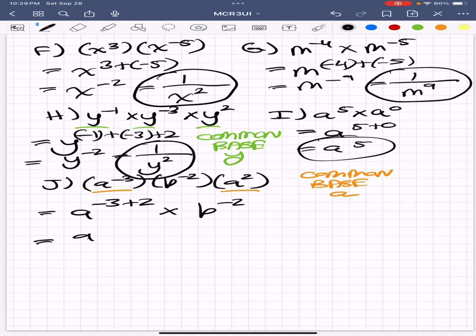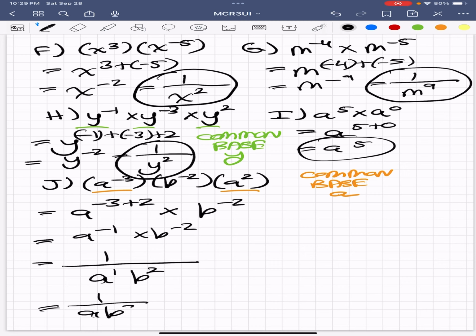Adding -3 plus 2 would be -1 times b to -2, and we will be moving both a and b to the bottom. Alrighty, so it's 1 over a, b to the power of 2.